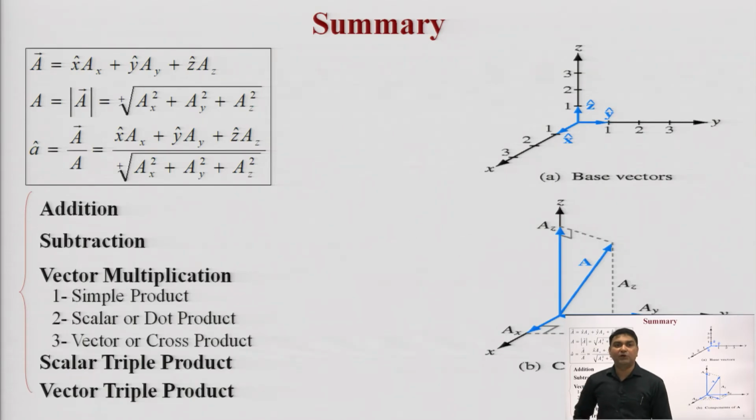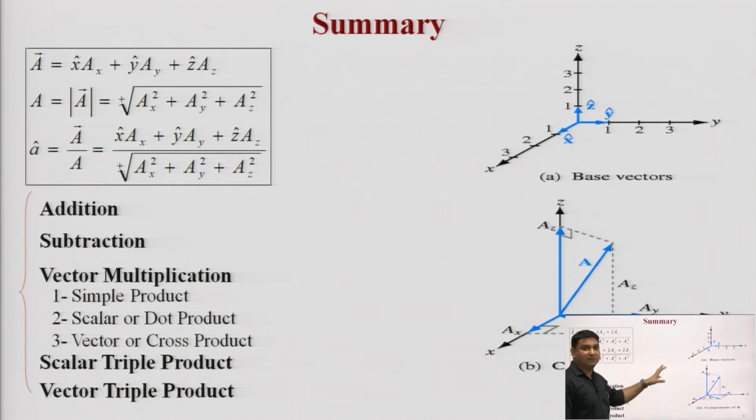Now, I am going to summarize this whole phenomenon like this, because all the mathematical operations for the vectors discussed in my last two lectures and in the present lecture, this mathematical analysis and notations, are described in the form of this slide.